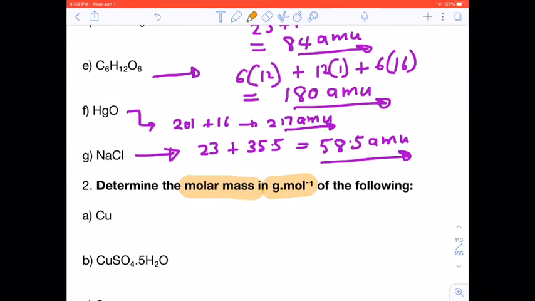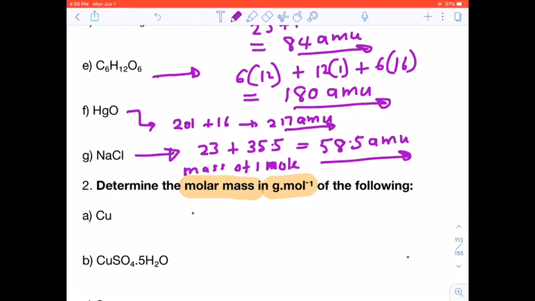Okay, so if we want to determine the mass of 1 mole of the substance, I think I should have said here, determine the mass of 1 mole, right, of the following, right?